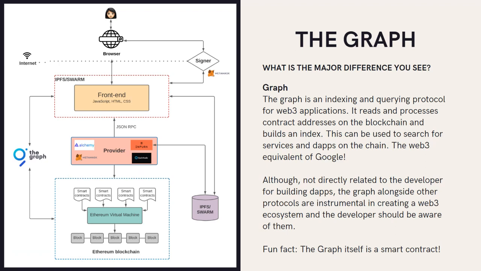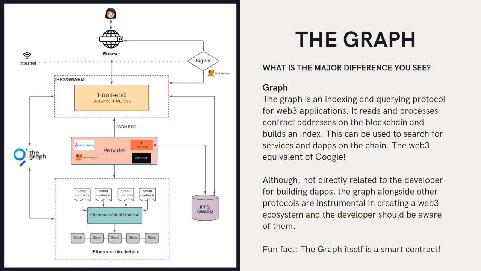It is an indexing and querying protocol which is used for Web3 applications. It is not directly related to the developer for building dApps, but it is instrumental, and it is important that you understand what the Graph is and other protocols in the Web3 ecosystem, so that you are able to build more robust Web3 applications.